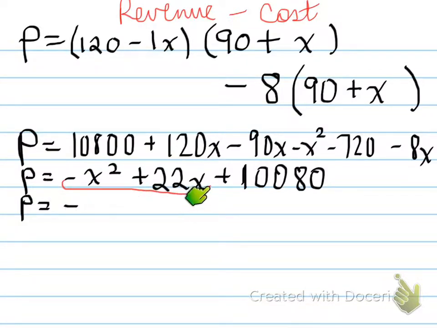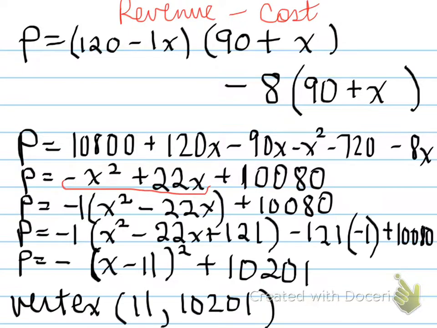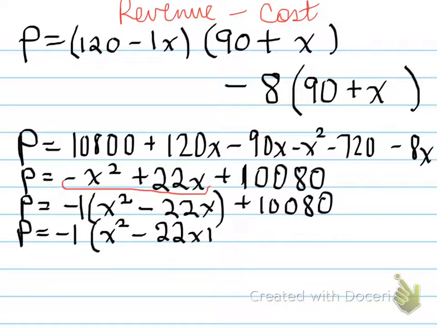So what we need to do here is remove the jacket. And that's what we did here. Remove the jacket. And then what we have to do next is invite twins. Now remember, this is a lot of writing, so we're going to move a little backwards a bit. So we have minus 1 times x squared minus 22x.